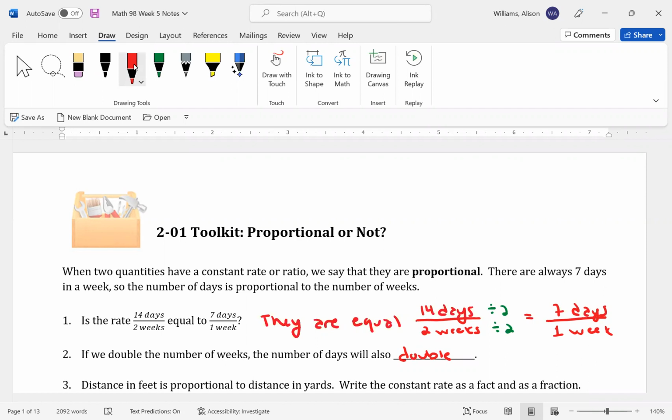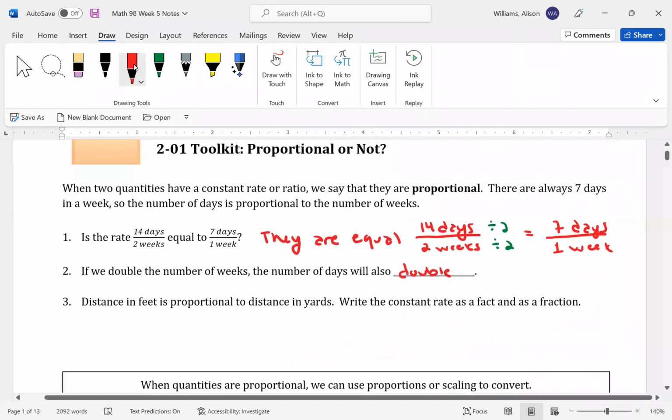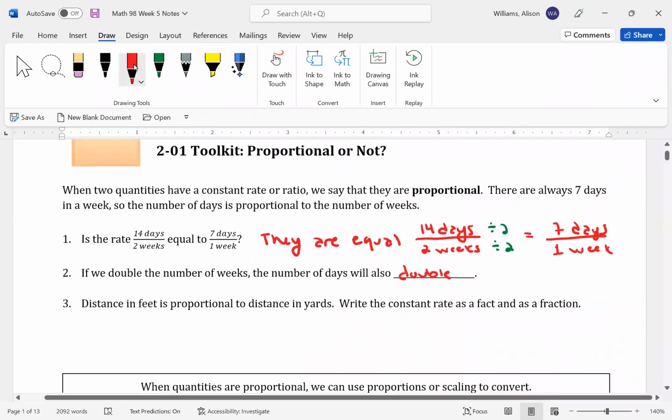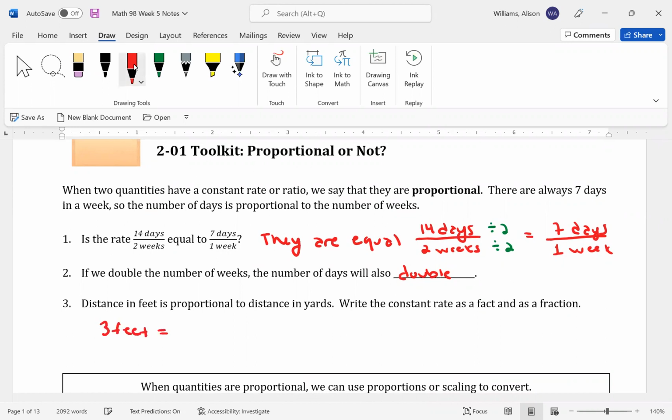Distance in feet is proportional to distance in yards. So write the constant rate as a fact and as a fraction. We have a way of comparing feet and yards. If you didn't know, and you could Google this if you like, there are 3 feet to every yard. So I could say that 3 feet equals 1 yard.